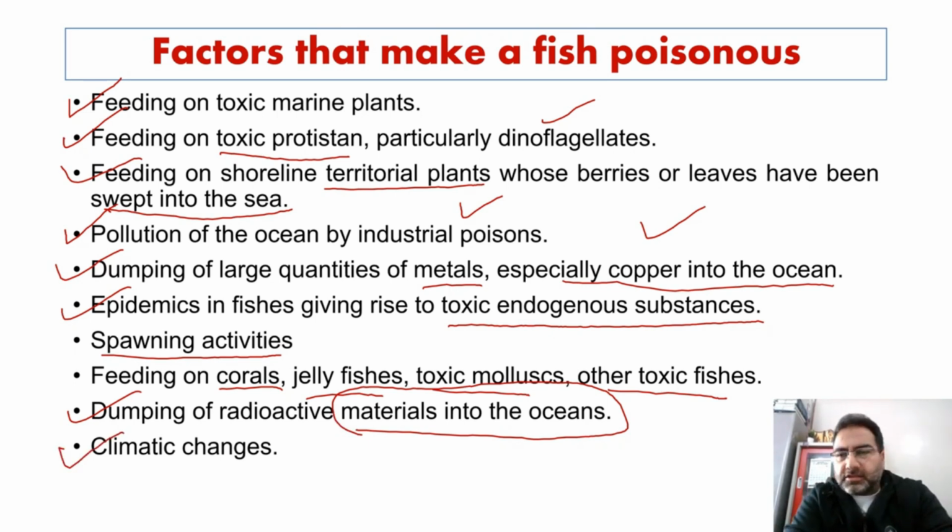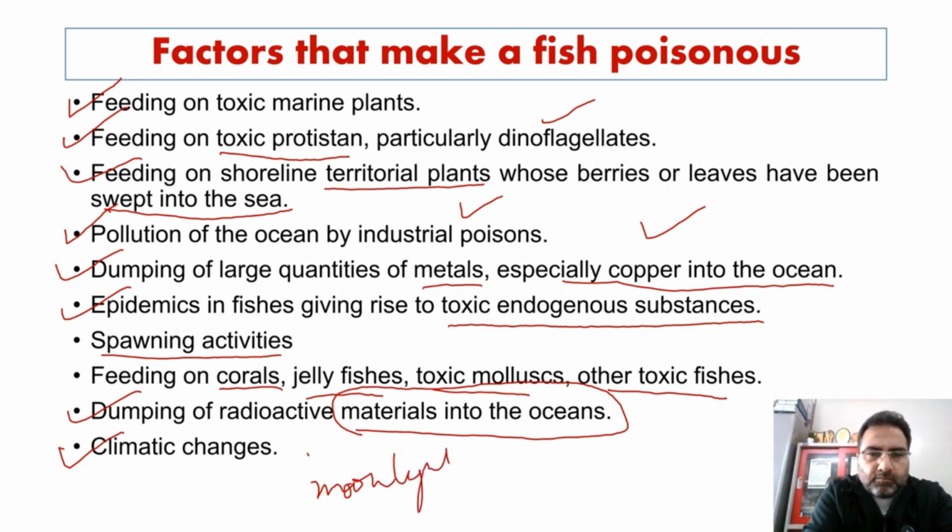Climate change is also one of the factors causing the accumulation of poison in fish. Another factor known to make fish poisonous is living fish exposed to the moonlight.